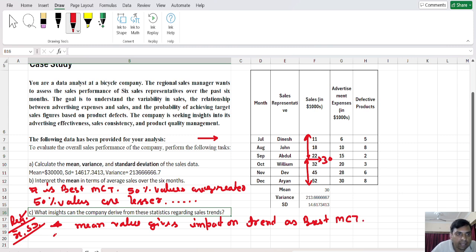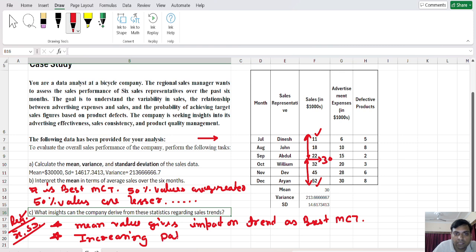First thing. And second thing, by observing this data, in this data the least value is 11, then increasing to 18 to 22 and so on, and lastly this is 52. So first is the least value, and last value is the highest value. So we can say there is an increasing pattern in data.